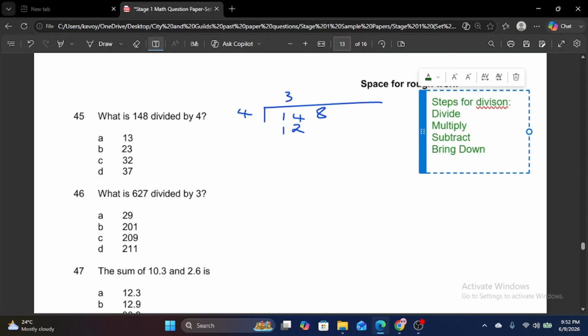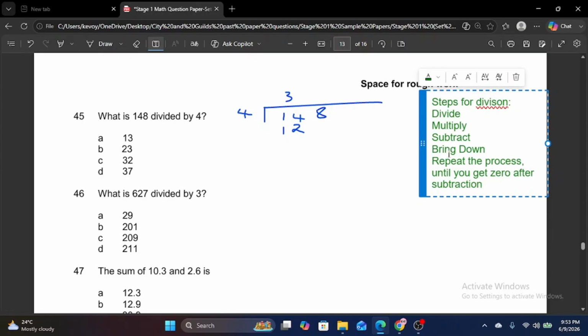And your last step is always to repeat the process until you get 0 after subtraction.